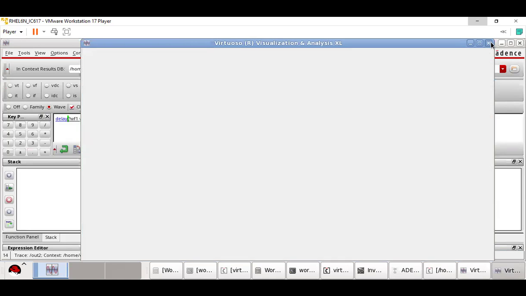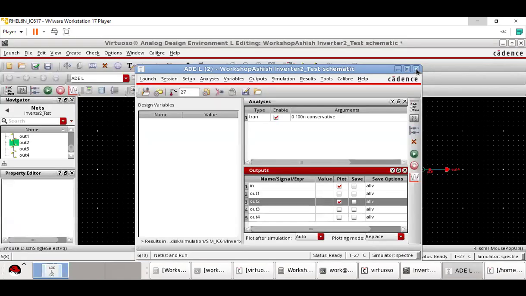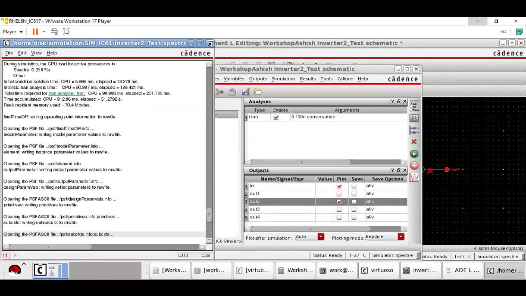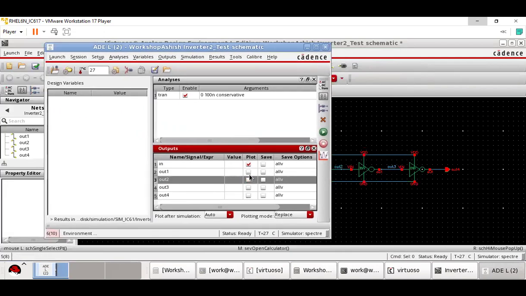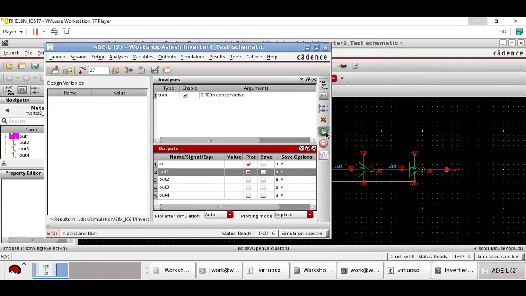Let me close these windows to avoid any confusion. Now I'll come back to the first output of the first inverter.